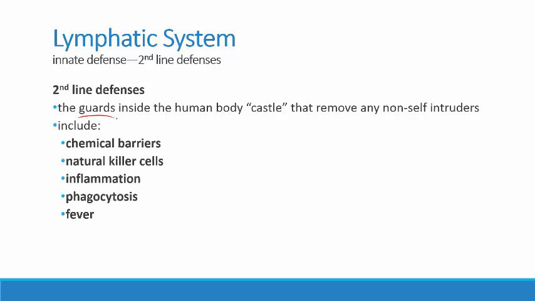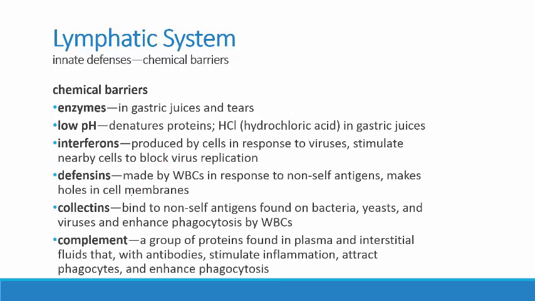These second line defenses include chemical barriers, a type of white blood cell called a natural killer cell, the processes of inflammation, the work of macrophages and neutrophils in phagocytosis, and, last of all, the effects of fever that act as a defense mechanism as well. So we're going to talk about these 5 different second-line defenses on the next 5 slides. We'll start first with chemical barriers.